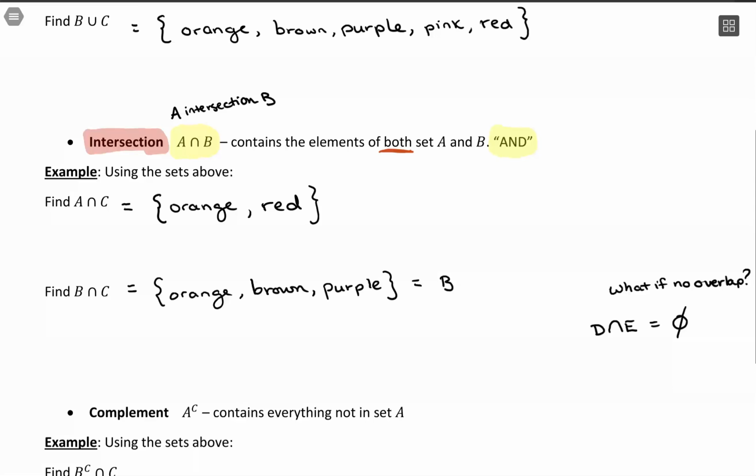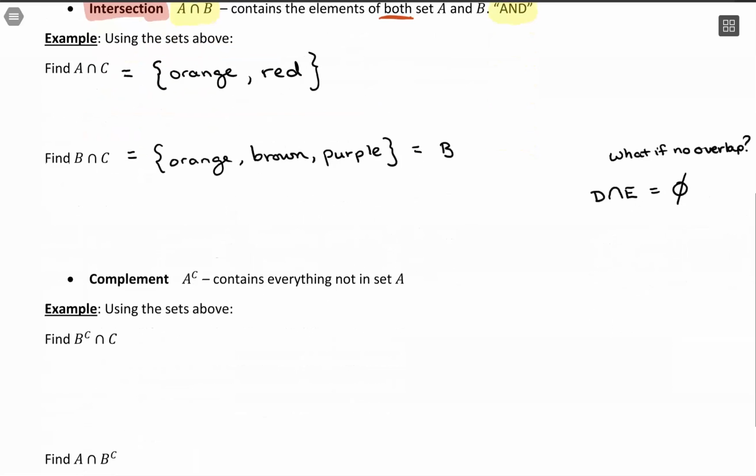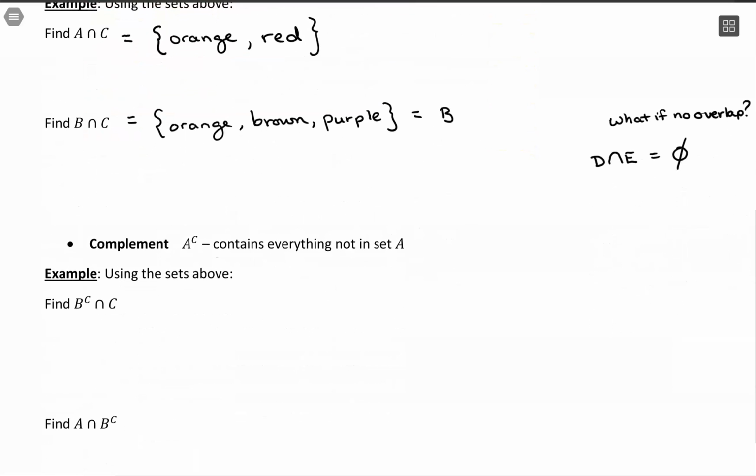Alright, and then our last one here is the complement, which is just looking at something that's not in the set. So for the notation with a complement, we use the letter of the set that we want to take the complement of, in the location of an exponent, and then it's just the letter C for complement.